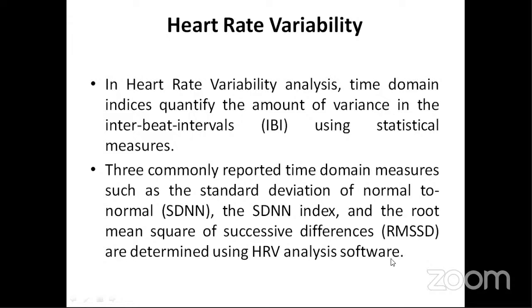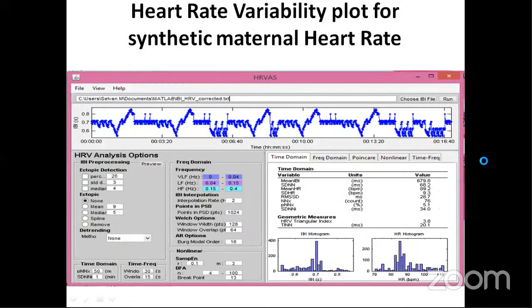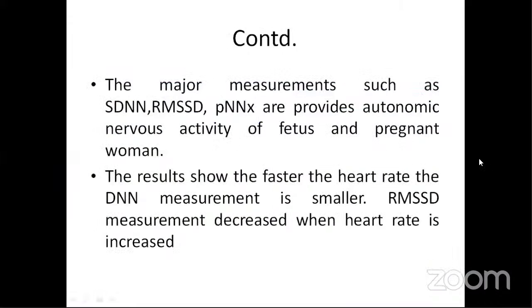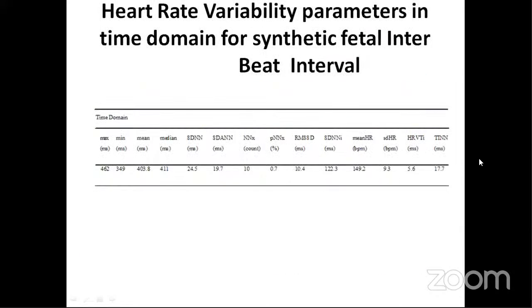I have done this with synthetic data only, not real time, due to ethical issues, and I am doing it now. This is the heart rate variability plot of synthetic maternal heart rate, and from that you can get the values of the root mean square. From that, the doctor can diagnose things.